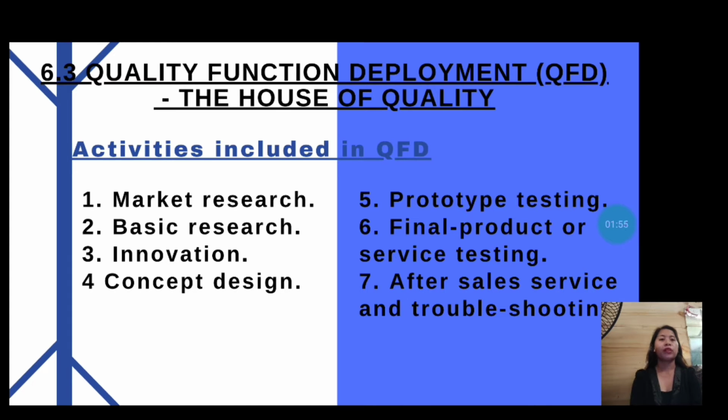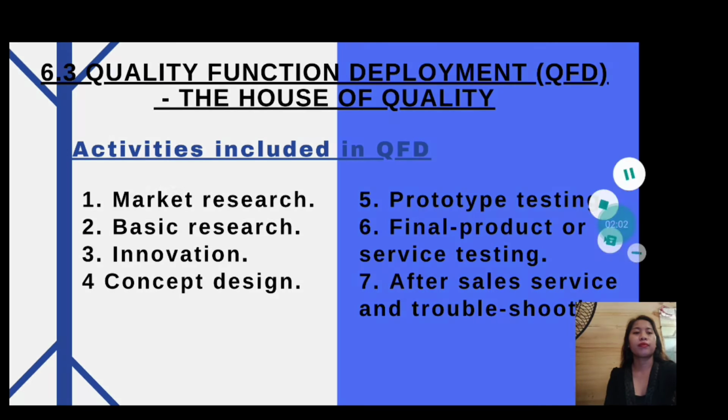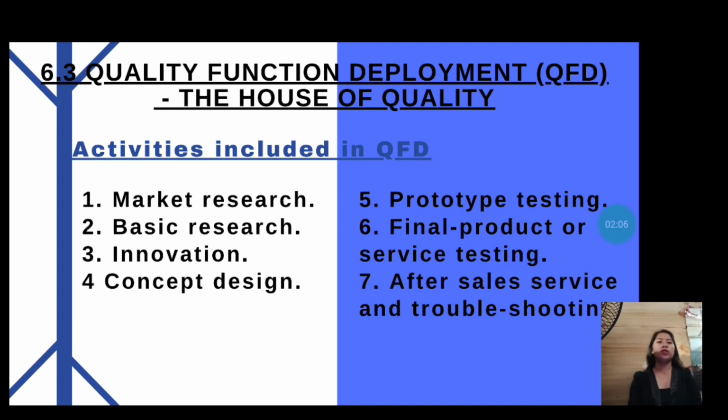So these are the activities included in QFD. First is market research, basic research, innovation, concept design, prototype testing, final product or service testing, after-sales service, and troubleshooting.